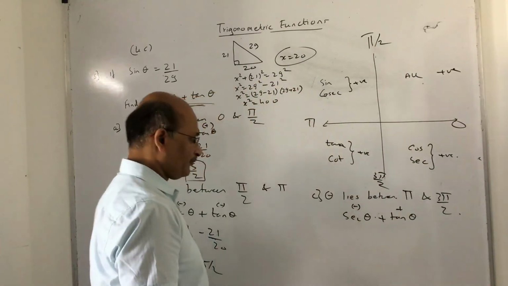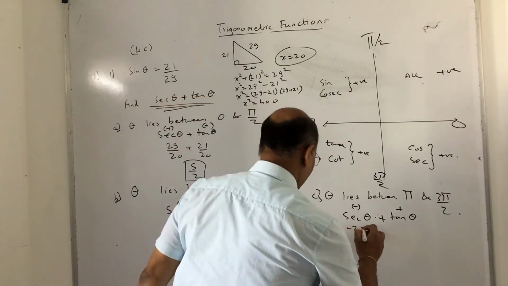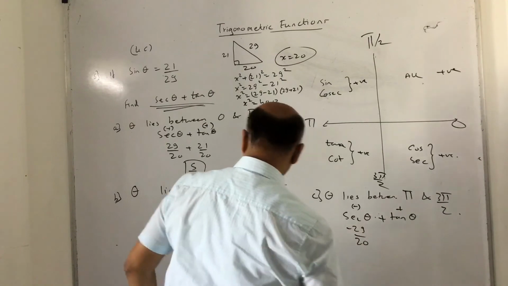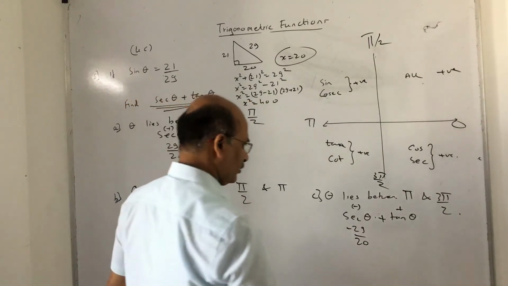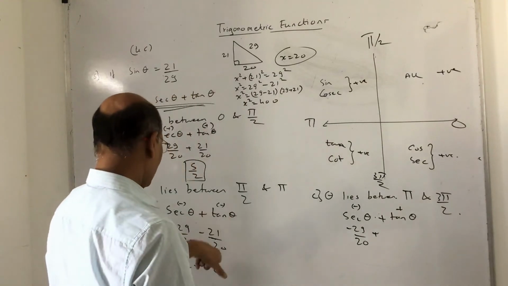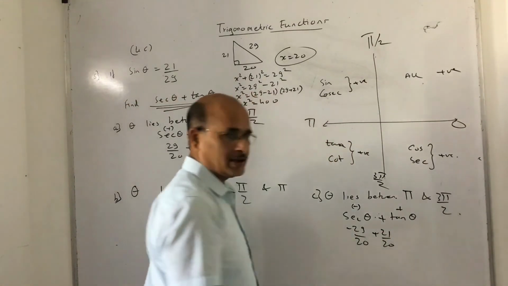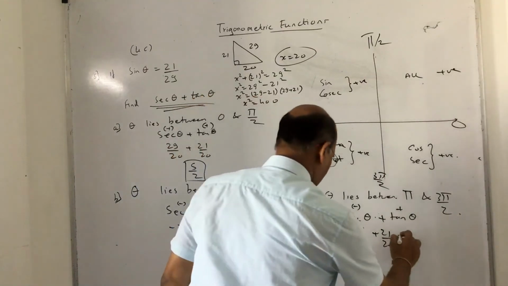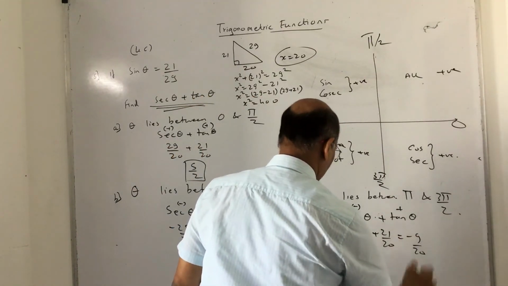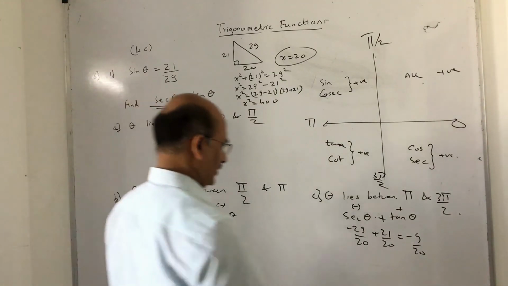I think it's very clear. So minus 29 upon 20, plus tan theta. Tan theta I got as 21 upon 20. I think it's very clear now. The answer is minus 8 upon 20. I'm sorry.